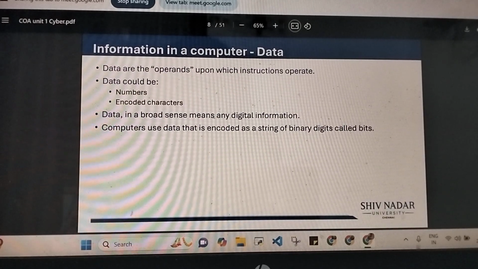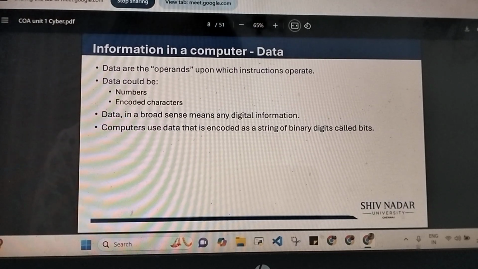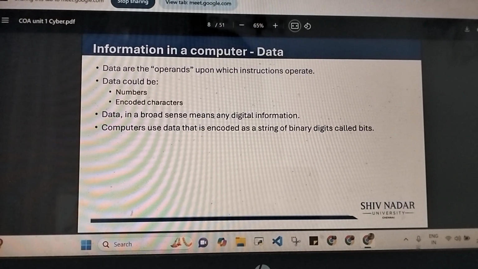Now, information in a computer can be represented in terms of data and instructions. Data are the operands upon which the instructions operate. For example, if I have a statement add x comma y, then x and y are my data. Those are the operands on which my addition operation is going to be performed.